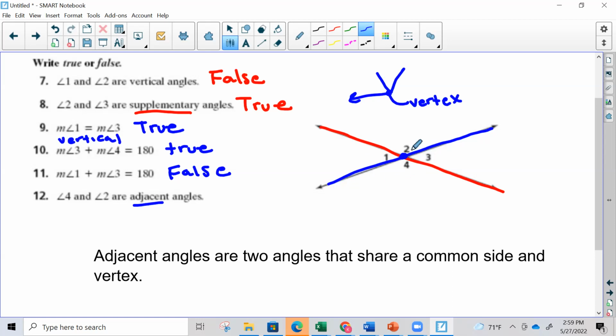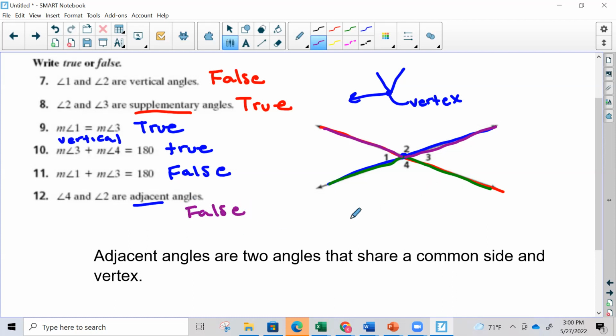So if I look at 4 and 2, well, angle 4 is made by this side and this side. And angle 2 is made by this ray and this ray. And so they don't share a side. None of these rays makes up both of these angles. And so these are not adjacent. If they're vertical, they're not adjacent.